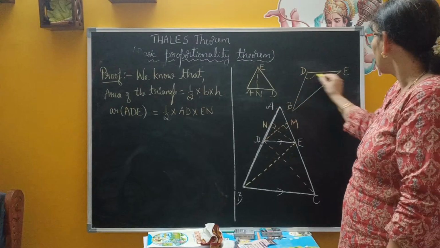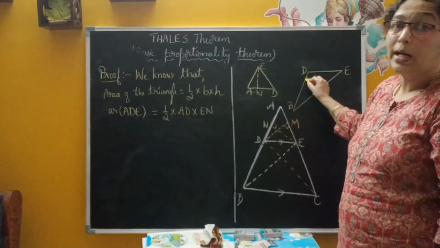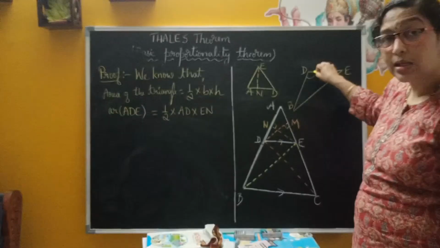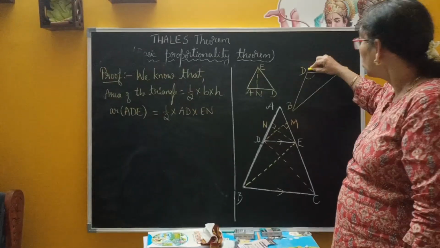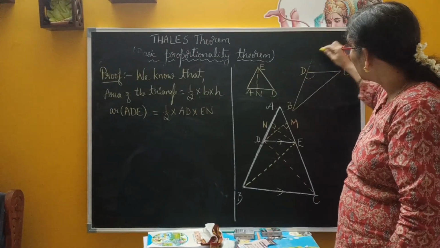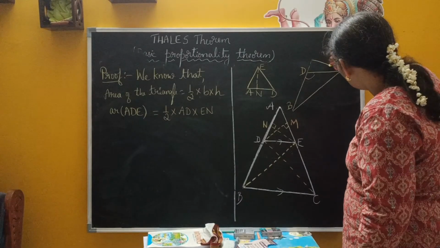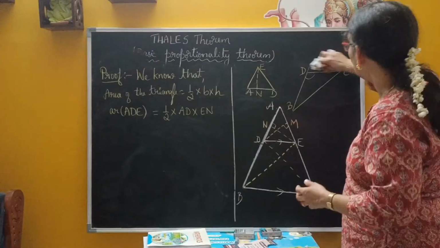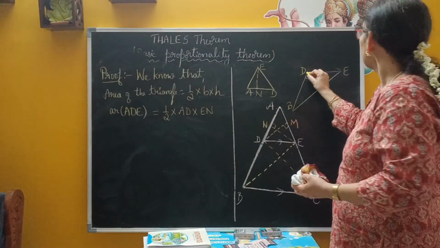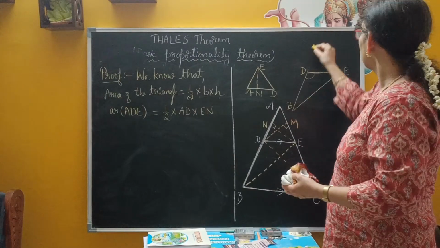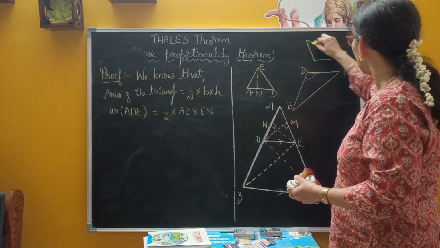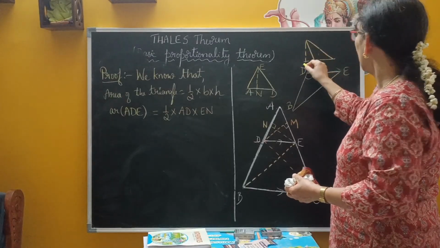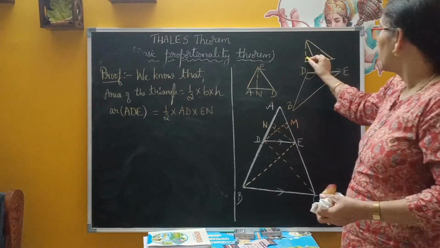Can we draw the perpendicular here? No, because perpendicular should be 90 degrees only. If we draw it slanted, we will not get a straight 90 degree line. So how can you draw? Usually you extend it, and if you draw, this would be the height of the triangle, isn't it? This is the way we find. I will show you upside down. Whenever we have an obtuse angle triangle like this, we extend one of the sides, extend the base, and draw 90 degrees.